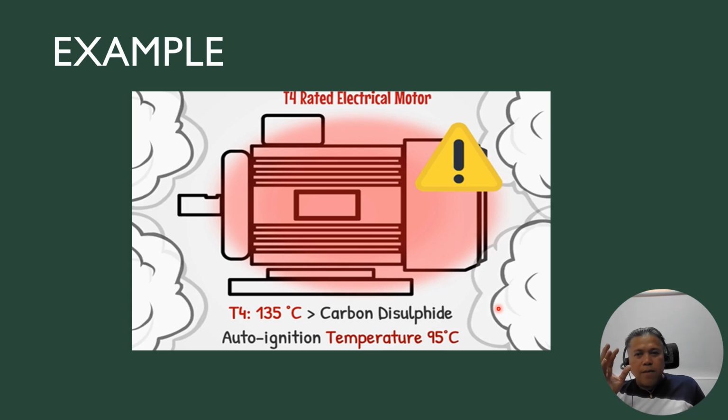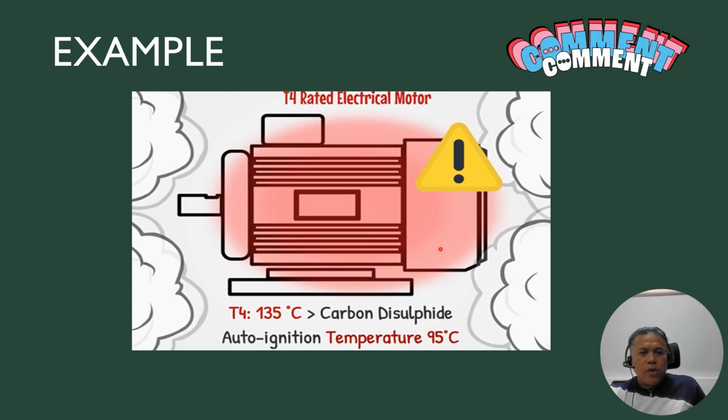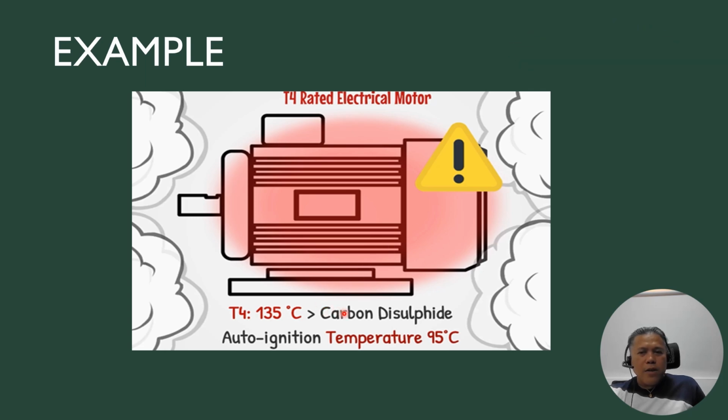So it's very clear. We have an electrical motor, repeat, an electrical motor installed in a location with carbon disulfide with an auto ignition temperature of 95 degrees. Okay, you can see the previous slide, guys.